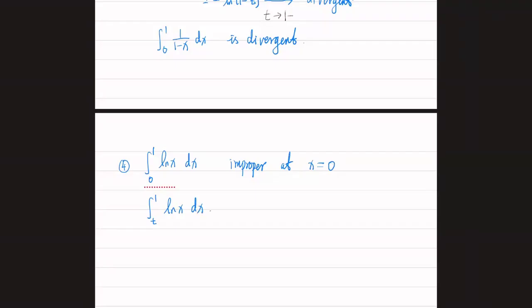Okay, what's the antiderivative of logarithm x? Let's try to recall, the integral of logarithm x dx.